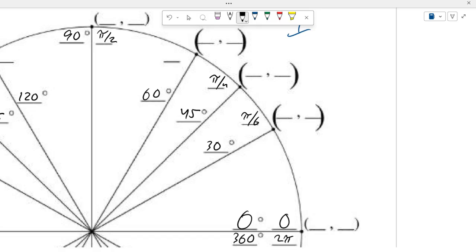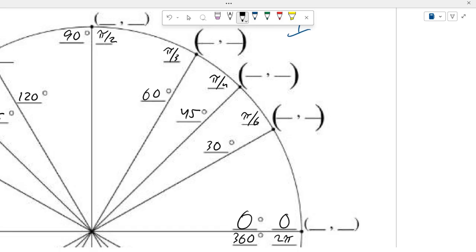For the remaining angle, you can convert 60 degrees, or you can notice that 60 is double 30. So if you double pi over 6, you get 2 pi over 6, which simplifies to pi over 3. So the first quadrant is done.